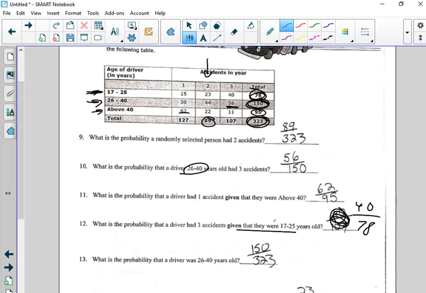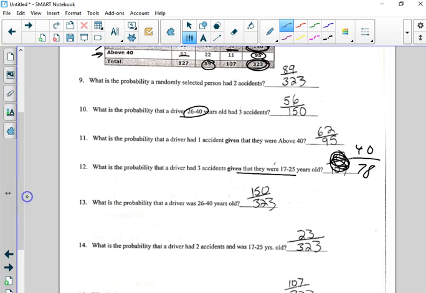So 2 accidents and 17 to 25. That's this intersection right here. So they're here and they're here. Remember, it doesn't say given that they were one or given the other. It just says what's the probability of both. Well, this is the intersection of 17 to 25 and 2 accidents out of the total 323.